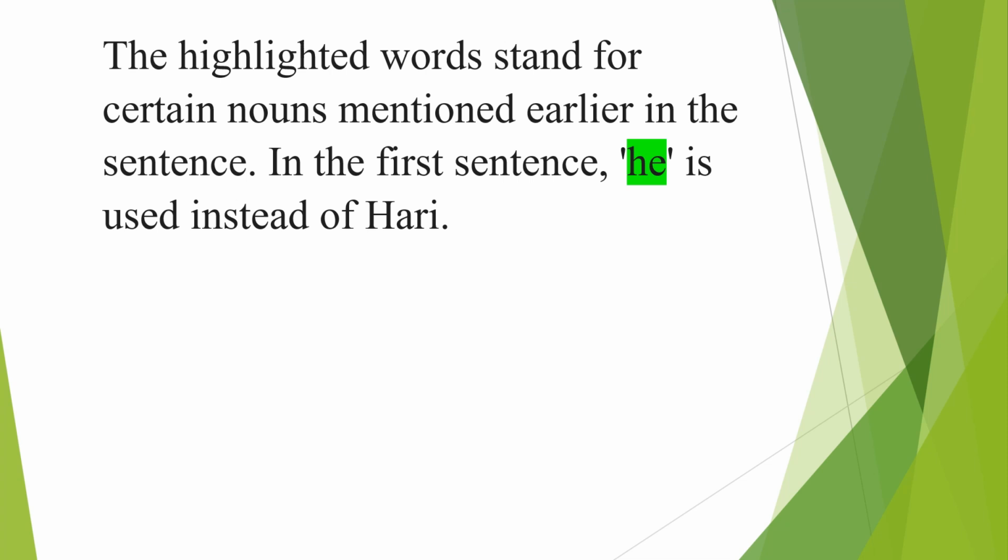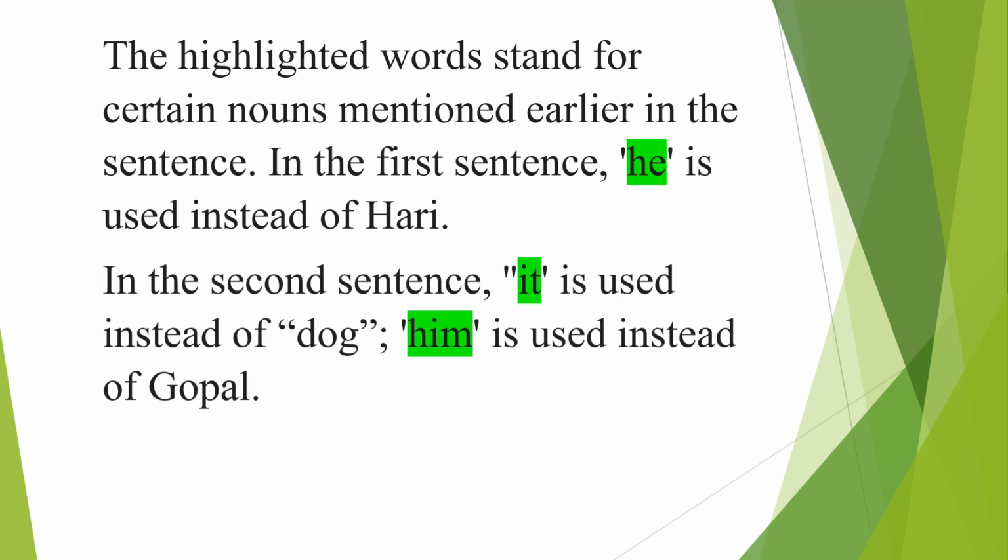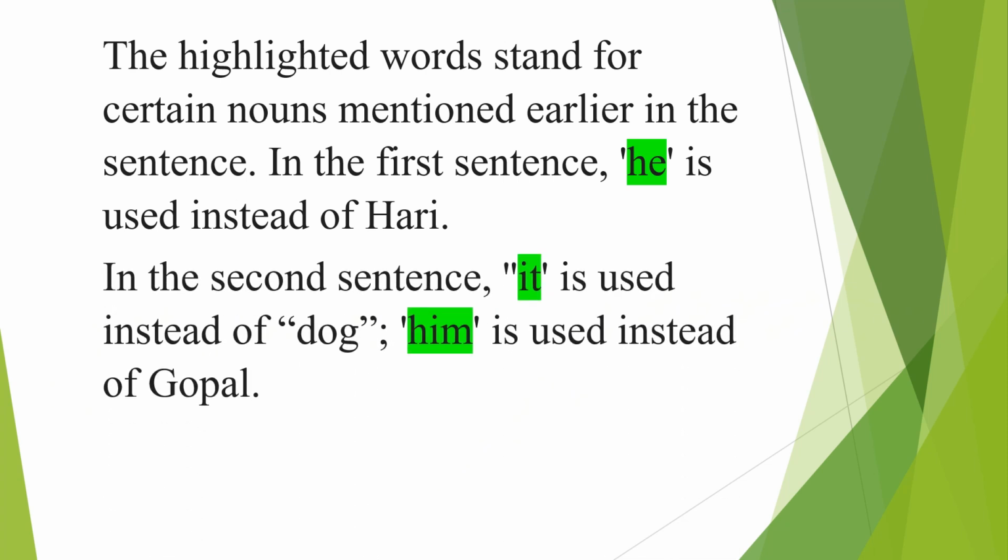Now, we understood that these highlighted words stood for, instead of something else, some other name, some other noun. We use these words. They are called a pronoun. For example, he is used instead of Harry. Now, in the second sentence, it is used instead of a dog, and him is instead of Gopal.